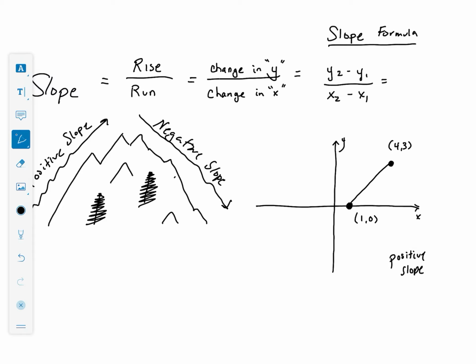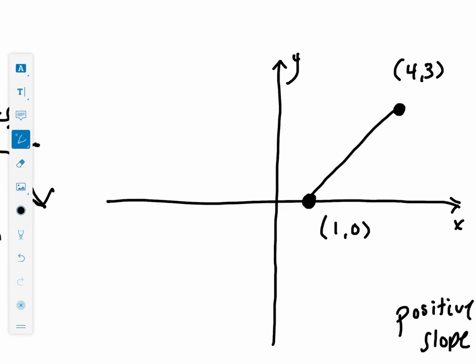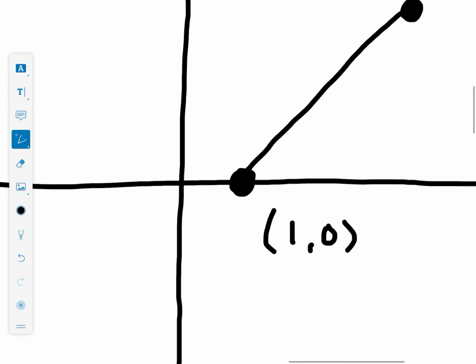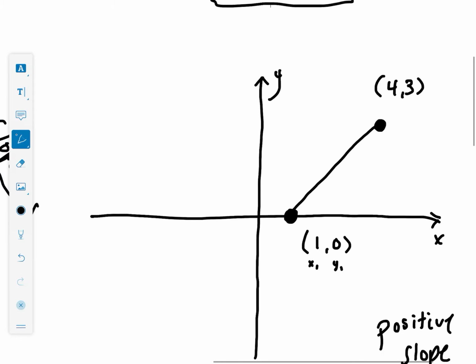And we now take our points and we have to plug them into this formula. I like to label. Let's call this point x1, y1, and we'll call this point x2, y2.